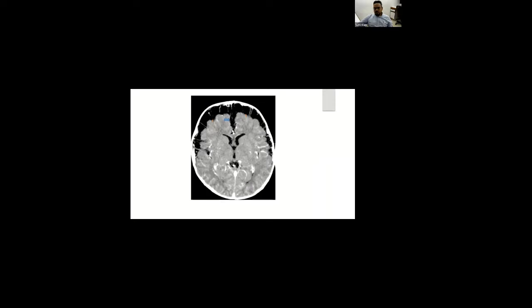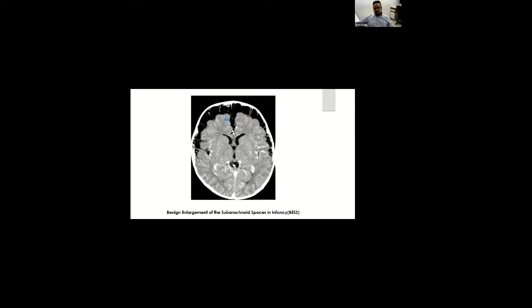So this is a case in which we can see that there are enlarged subarachnoid spaces with enlargement of the interhemispheric fissure as well, which is pointed here. And then you can see that there is mild enlargement of the ventricles. So this is a case of benign enlargement of subarachnoid spaces in infancy.